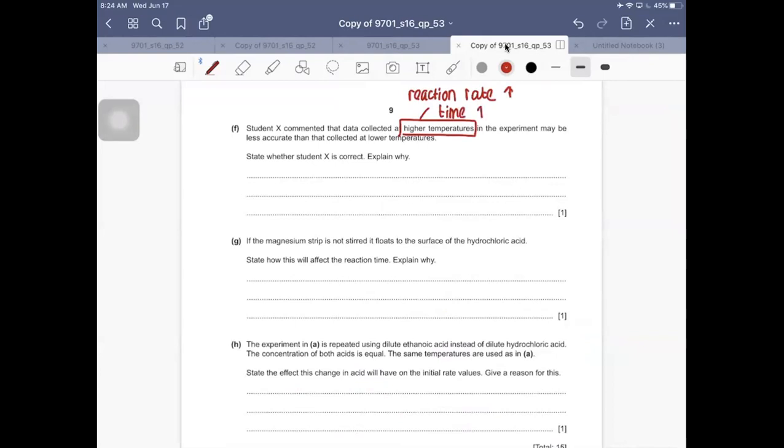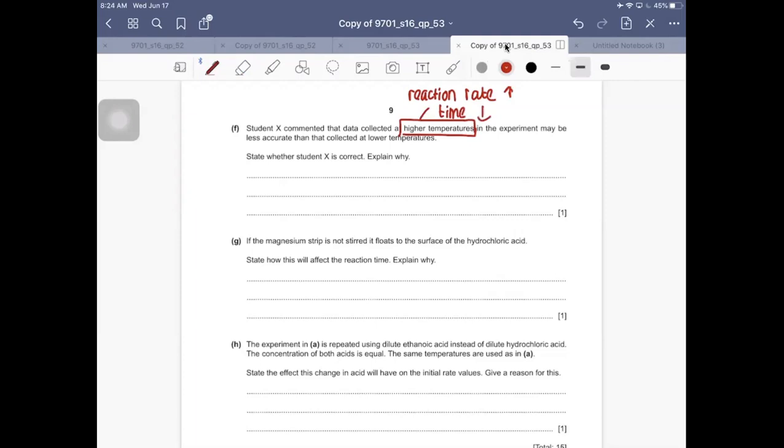No, time decreases, sorry. So state whether student X is correct. At higher temperature, the time taken would be shorter.